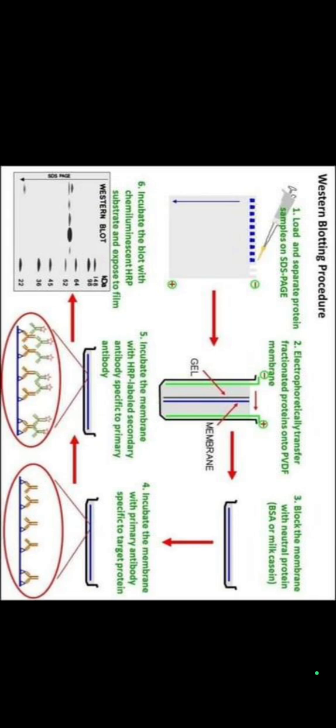Detection can be done by other methods such as colorimetric detection, radioactive detection, chemiluminescent detection, and fluorescent detection. Western blotting procedure. Applications: to determine the size and the amount of protein in a given sample. Disease diagnosis: detects antibodies against virus or bacteria in serum.